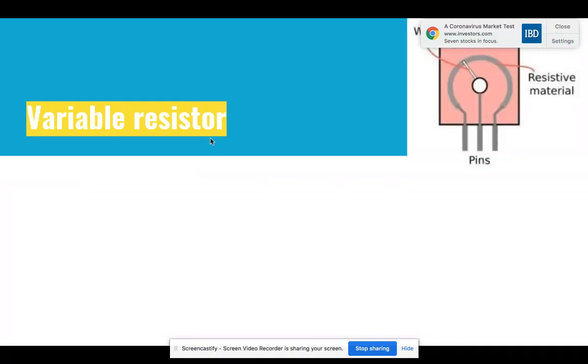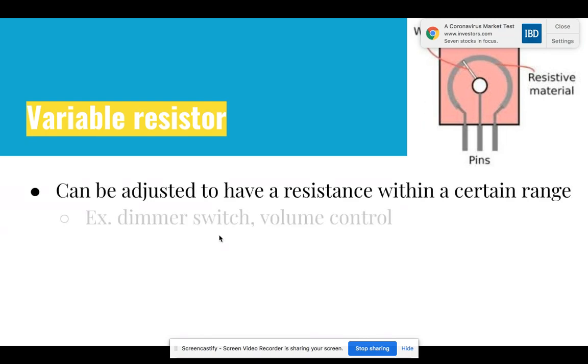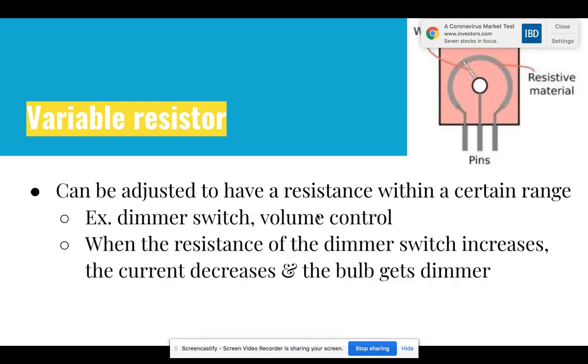Okay. Variable resistors. This would be something that as it spins, it changes the resistance. Examples of this would be dimmer switches and volume controls. When you're turning up the volume or decreasing the volume, that increases or decreases the current going through, based off of the resistance that is there. So an increase in resistance is going to cause a decrease in current.